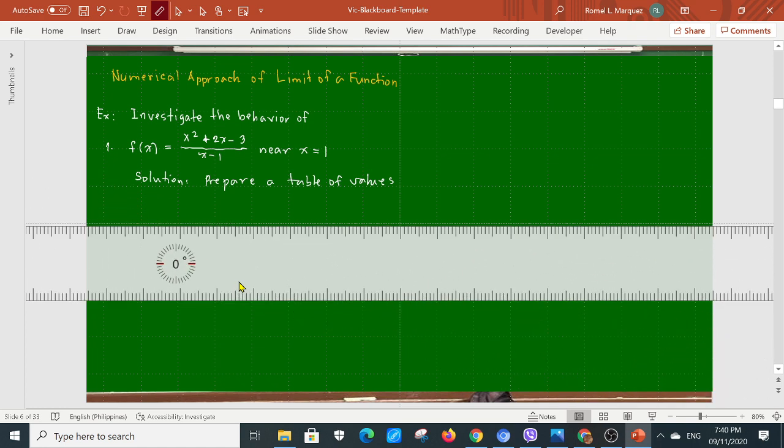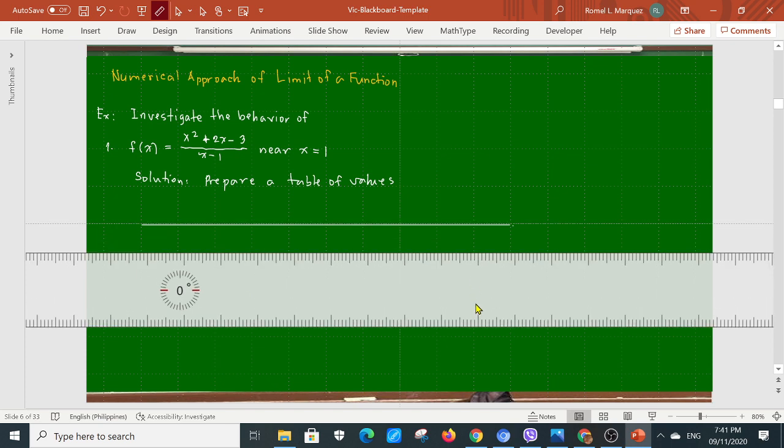How many columns will I need? 1, 2, 3, 4, 5, 6, 7, 8, 9, 10 columns, up to this, and 2 rows of values.